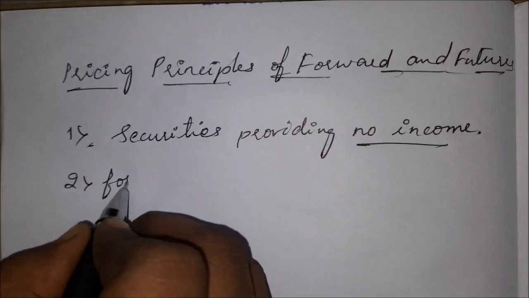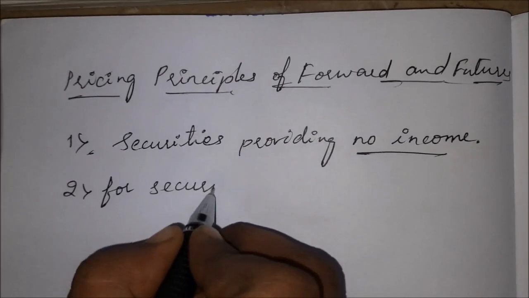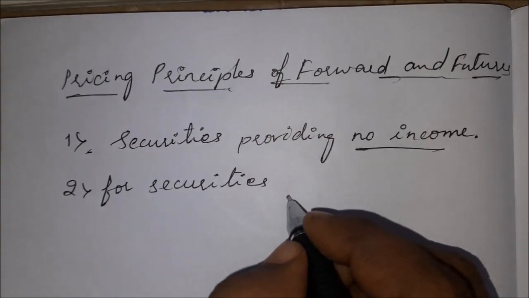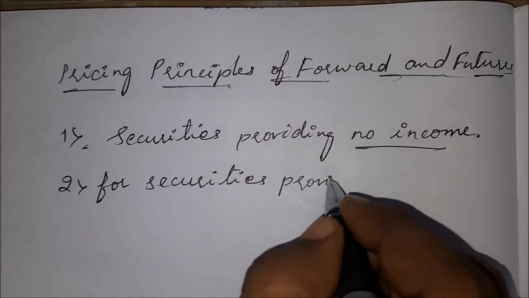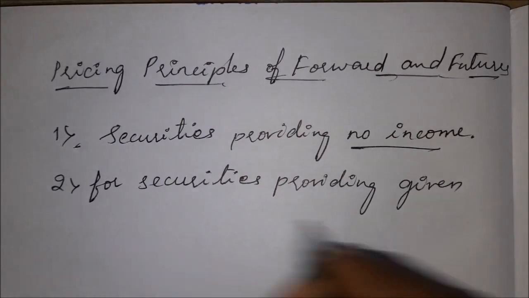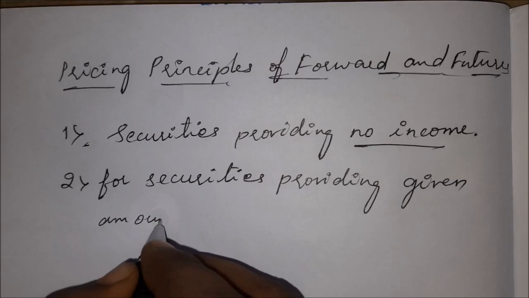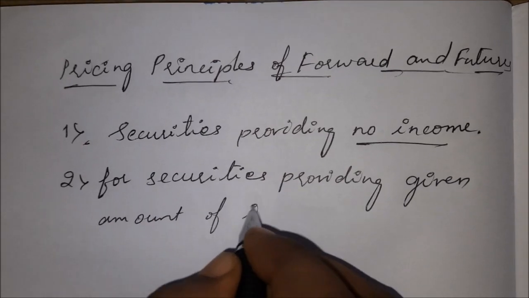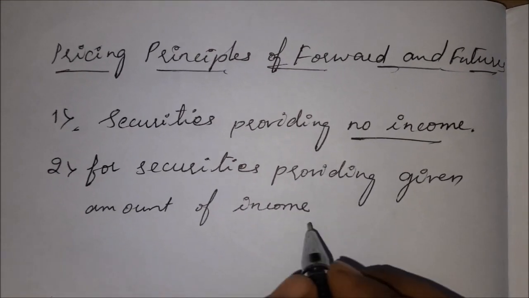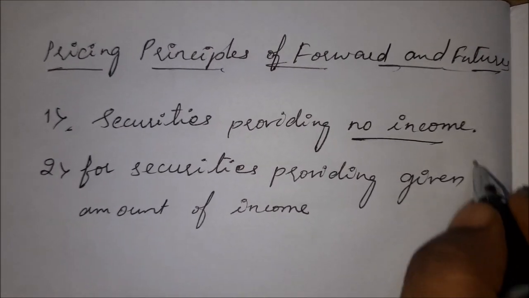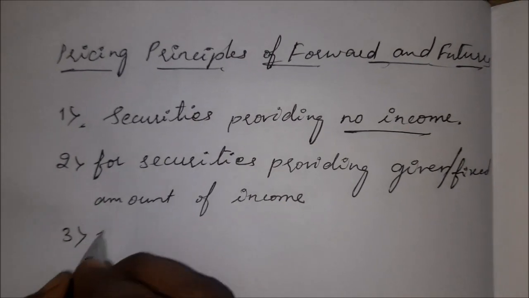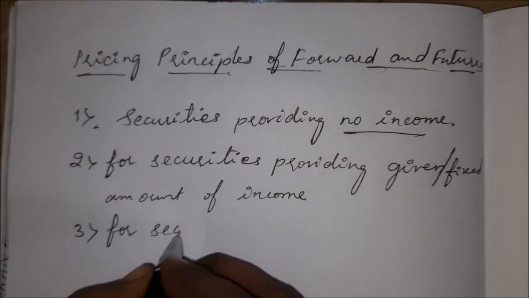Next method is for securities providing a given amount of income. It is nothing but a fixed amount of income given in the problem. At that time, which formula we have to consider, I will tell you later.